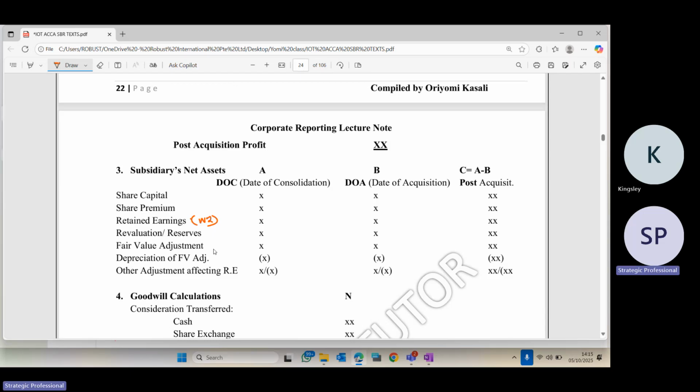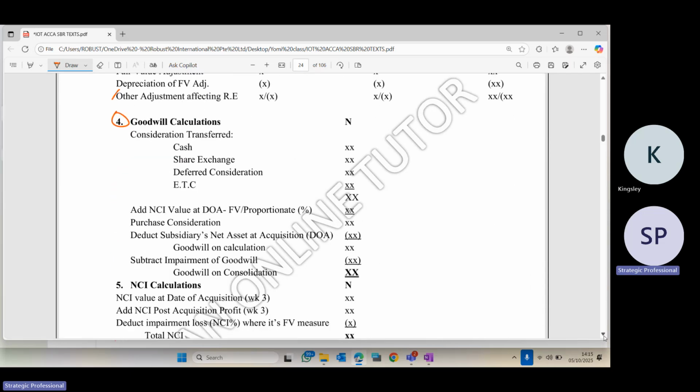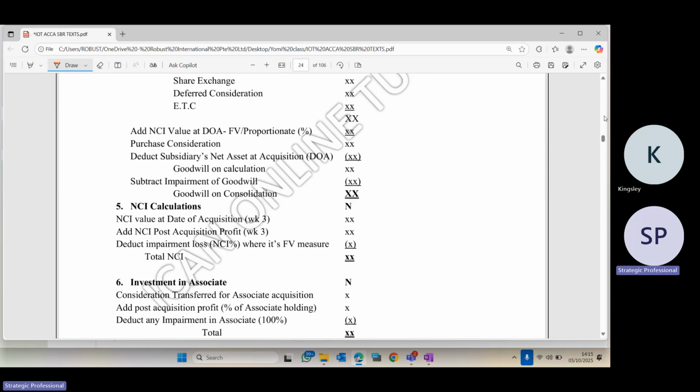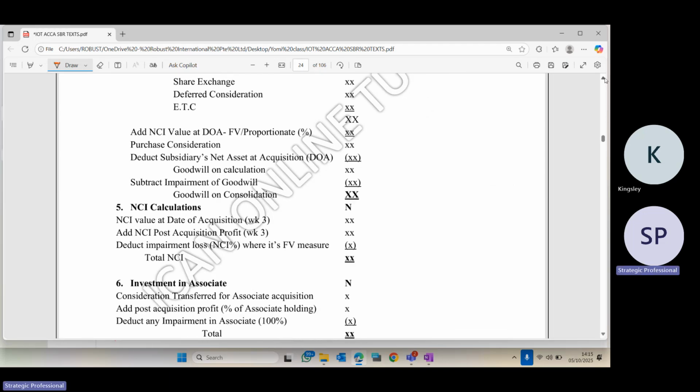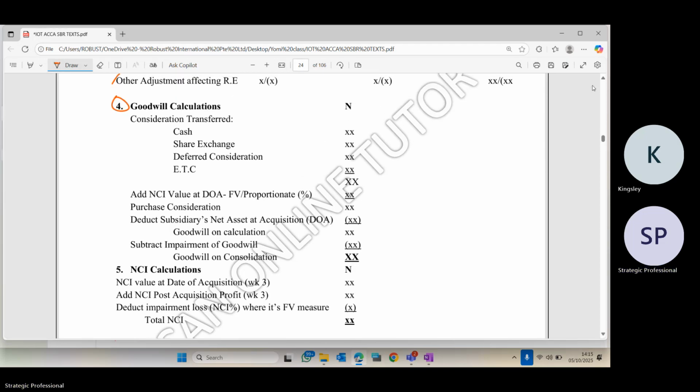Having said that, the next one is goodwill calculation. This is very germane. In most of the questions, they will only ask us to calculate the goodwill alone, and in some, they will be asking for how a group structure is being formed. Let's add our consideration transferred, which is the cost of investment.